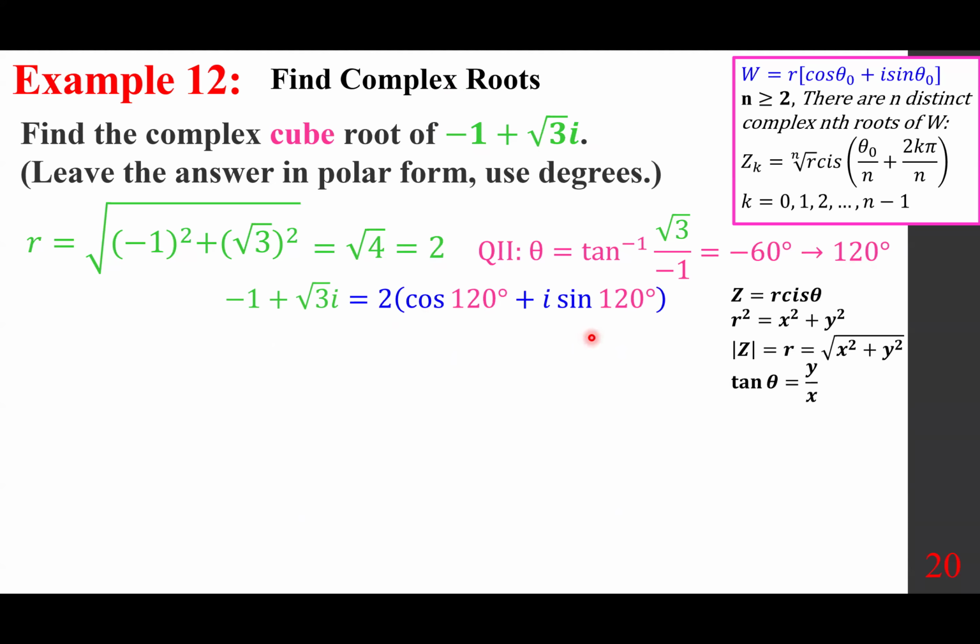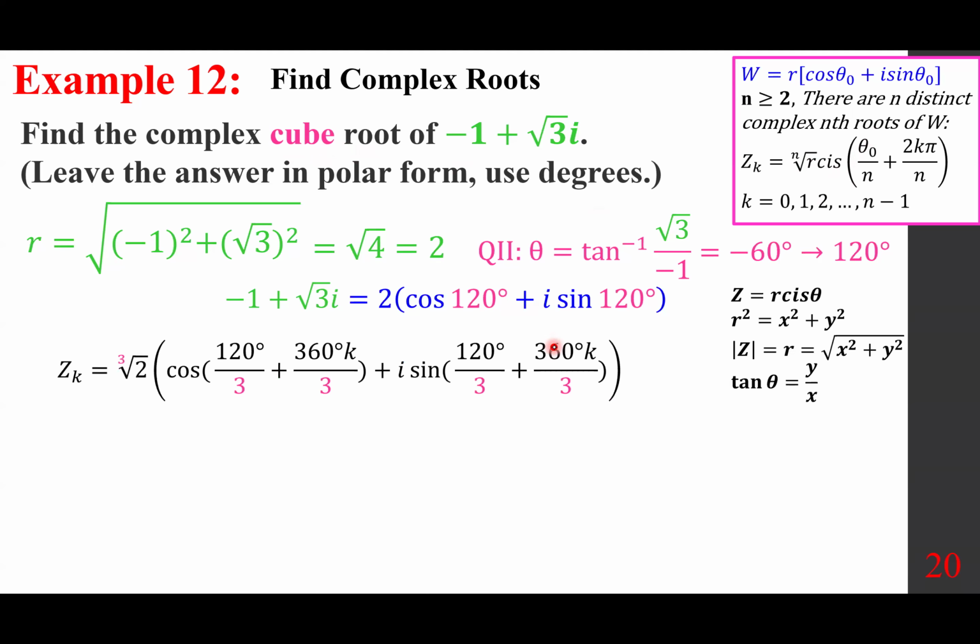We want to find the complex cube roots. According to this, it will be the nth root of r, that means the third root of r, the third root of 2, and then cis theta sub 0. So we are going to divide this one by 3 plus 360 degrees times k divided by 3.